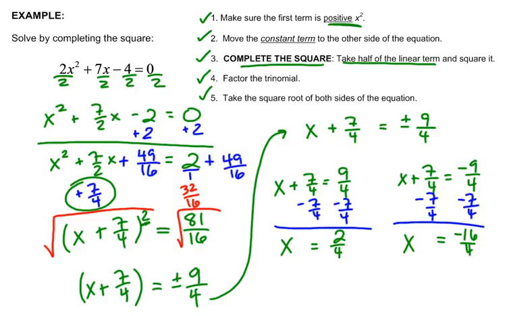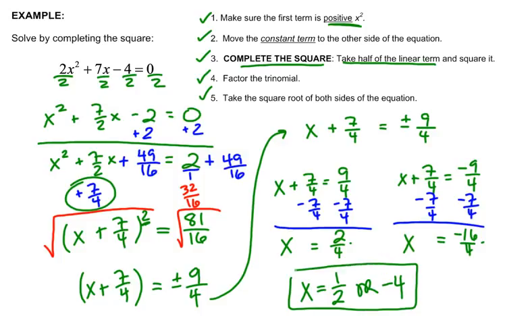So let's simplify those final answers. x is equal to 2/4, or excuse me, 2/4 simplified would be 1/2. Or over here, negative 16/4 simplifies to be negative 4. So our answers are x is equal to 1/2 or negative 4.